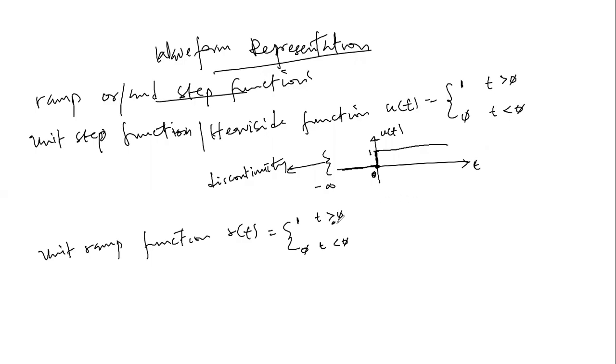It's t rather, not 1: unit step is 1, ramp is t. And there we have something like this. It's about 45 degrees. This is t, this is r of t. And the gradient will definitely be 1 this time, 45 degrees, okay?